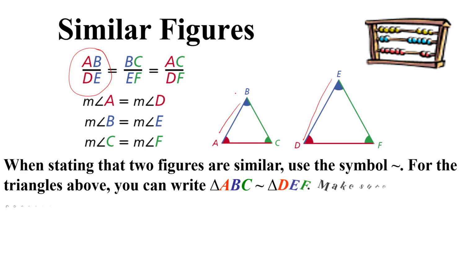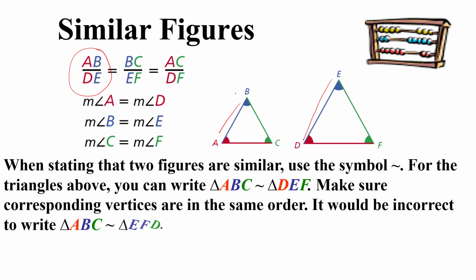When stating that figures are similar, use the symbol for similarity. For the triangles above, you can write that triangle ABC is similar to triangle DEF. Again, just as we talked about last week, make sure that corresponding vertices are in the same order.